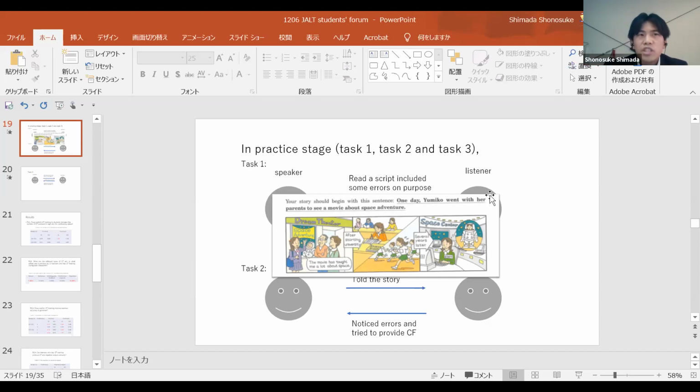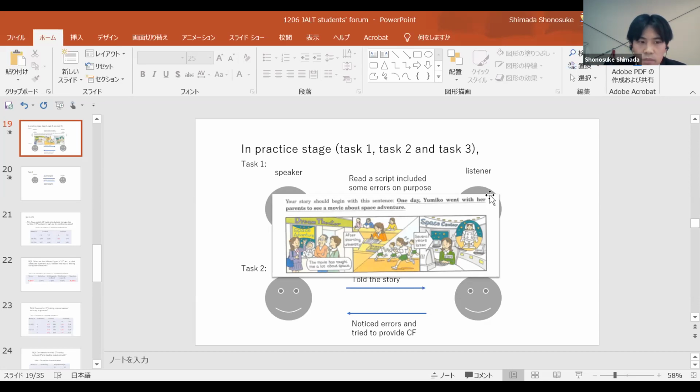I think for teachers, first of all, they need to know what corrective feedback is, obviously. For example, in a high school or junior high school environment, I guess it's almost impossible to give corrective feedback to each student because the classroom consists of 40 students. When it comes to a university classroom, it's much easier to provide feedback.